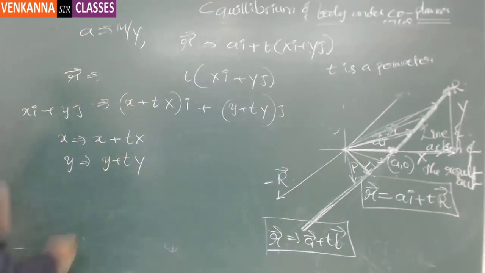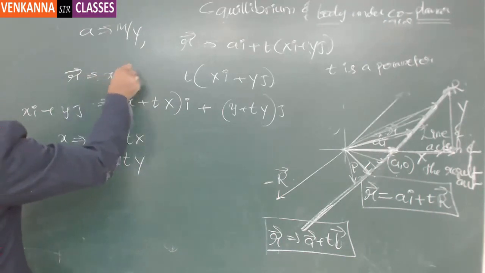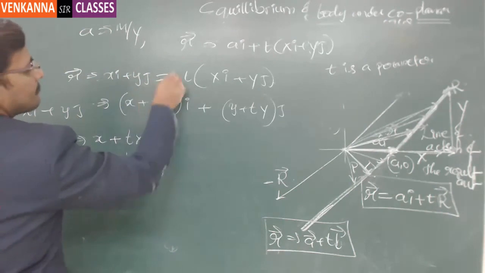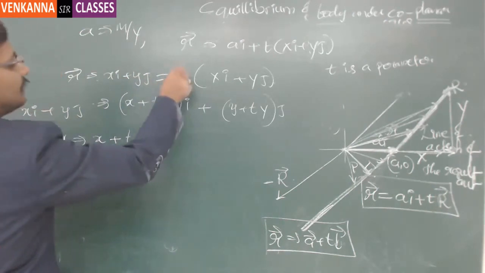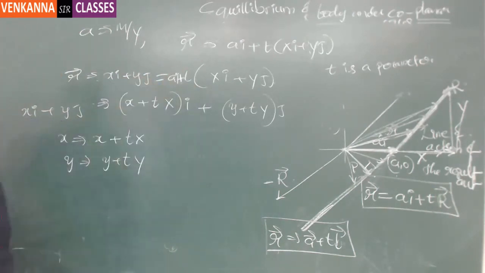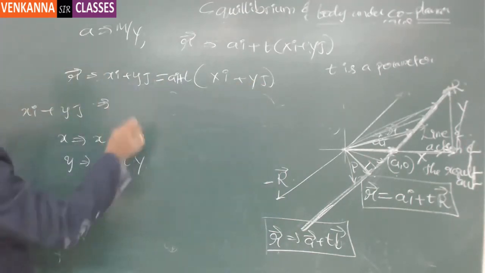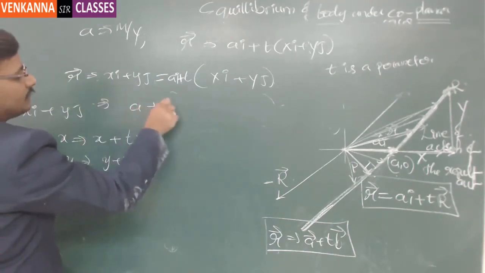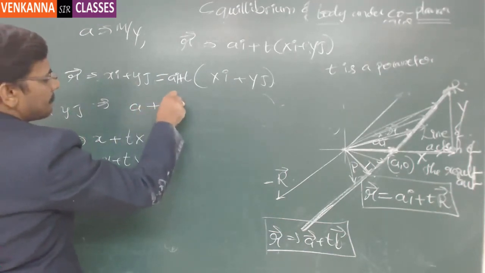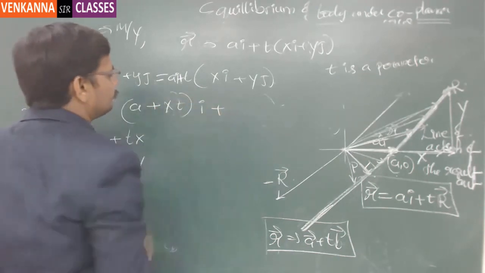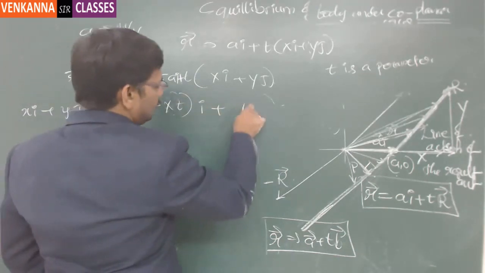So this is R equal to xi plus yj, and the same value is equal to ai plus t times (Xi plus Yj). Now here xi plus yj is equal to (a plus Xt) i plus tY into j.